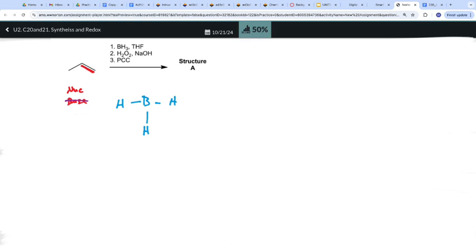Why do you want to add a lone pair? Push on that a little harder. I'll come back to you, I think. Does the boron have a charge? No, it has 3. Does it not have a charge?